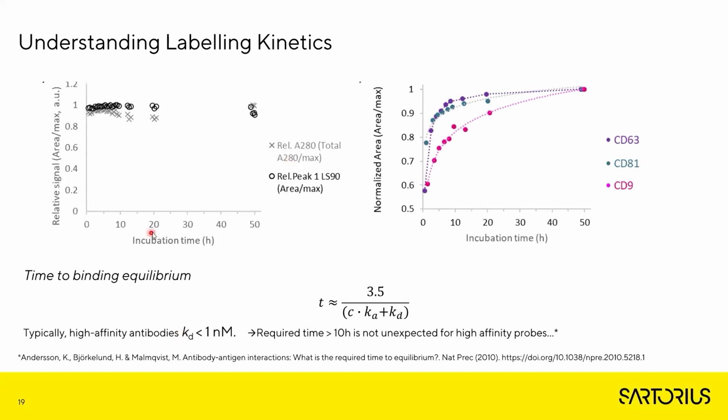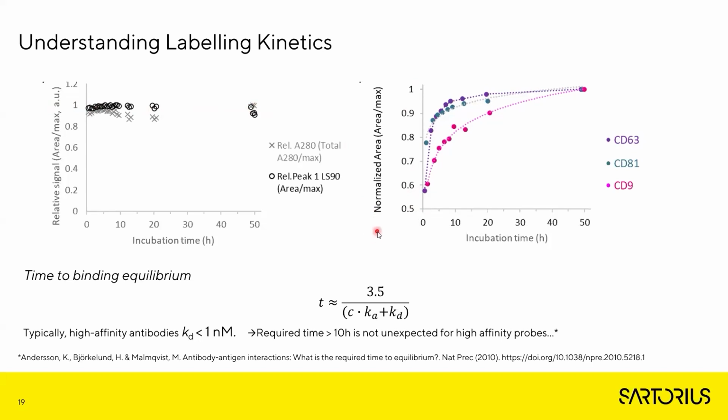In these graphs, I show you the results for the same sample that was analyzed after different time points from spiking with the antibody. So here we can see that the absorbance and light scattering signals did not change within the experimental time frame. So the sample was stable.